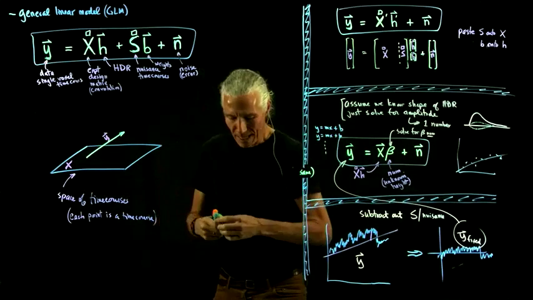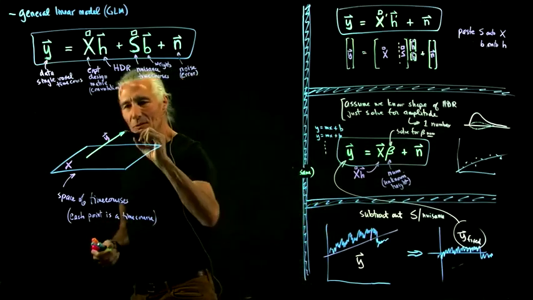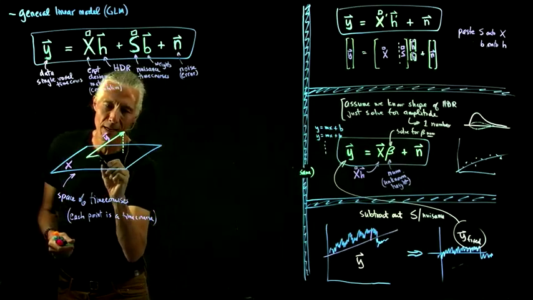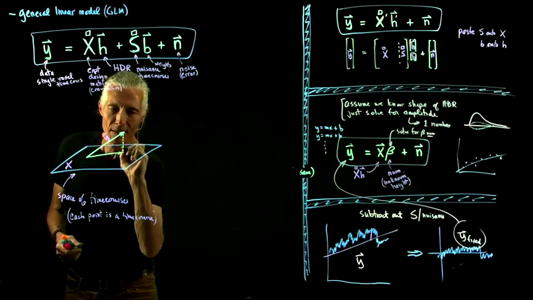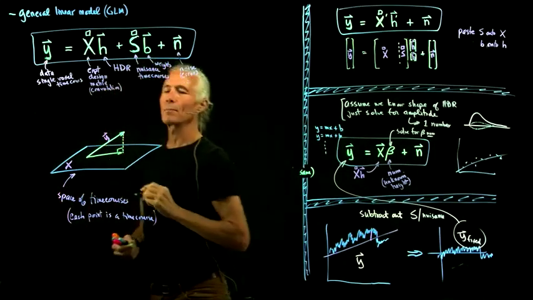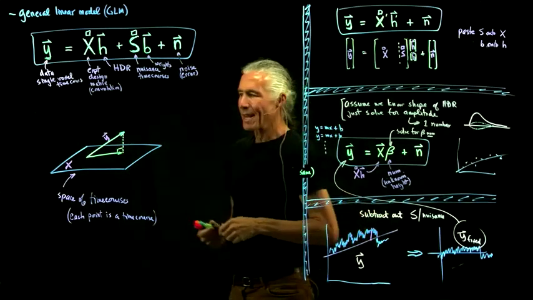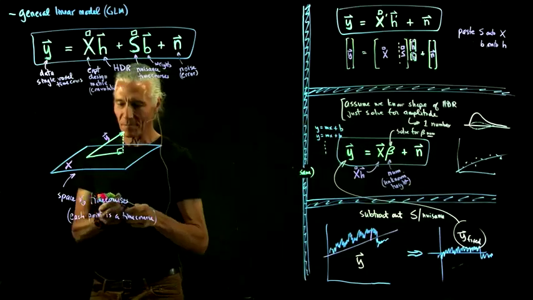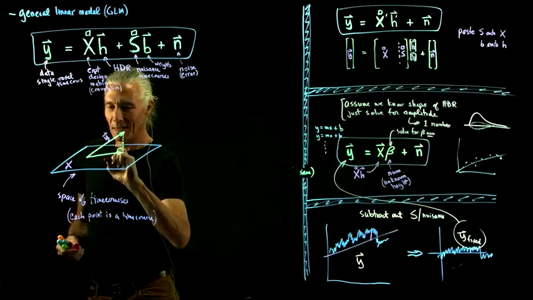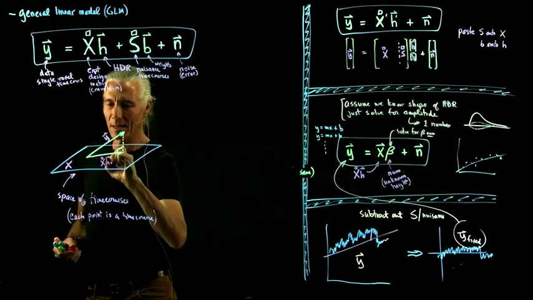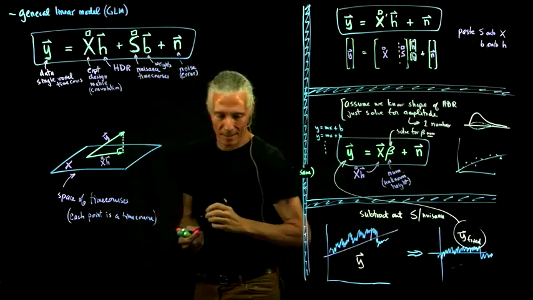And so what do we need to do? We need to project that guy down into the plane and get that vector. So that's a right angle projection down into the plane. And what is that? That's the experimental design matrix times the hemodynamic response function. That's the part we can explain. It's not noise.